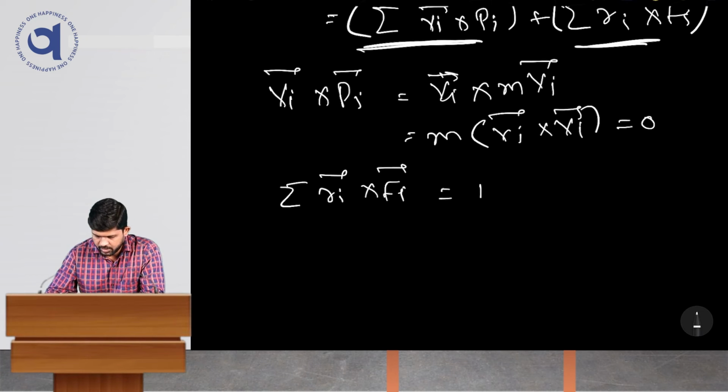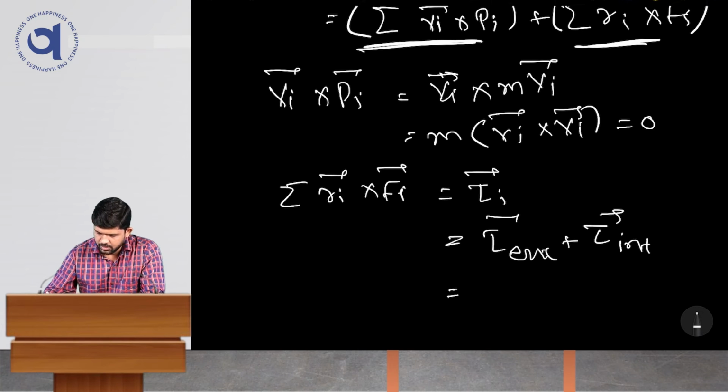So we can write here torque tau i. Now this torque tau i contains two types of torque, the external torque and the internal torque. So we can write tau i is equal to tau external plus tau internal. Now the contribution of this internal torque is 0, right?